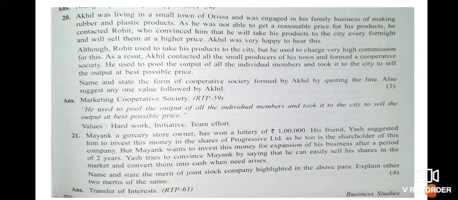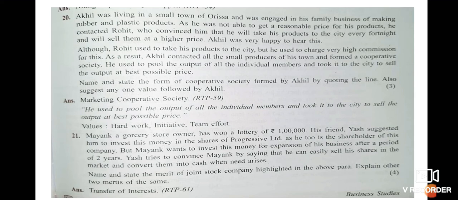So Akhil has eliminated Rohit, the middleman, contacted small producers in his area, and formed a cooperative society just to market, that is, sell his products in the market. So that is a marketing cooperative society.